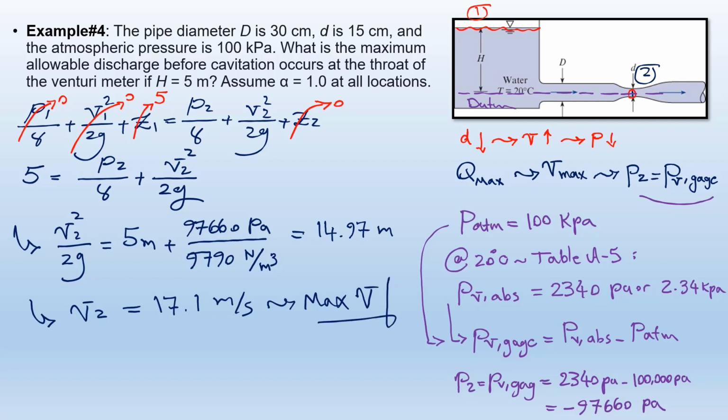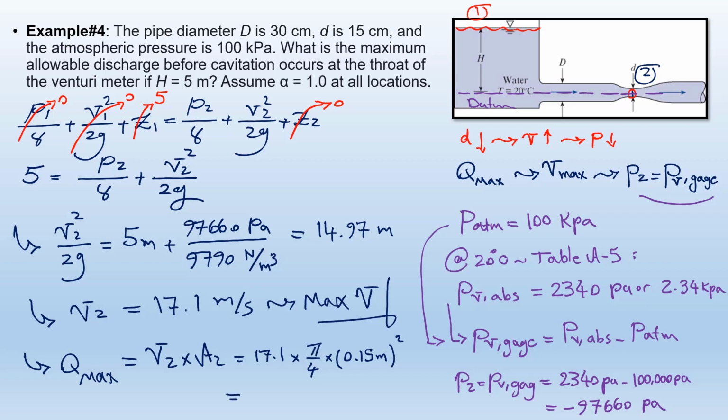Okay, so now in order to find max Q, I just need to calculate velocity at the throat times area of the throat, which is 17.1 times area of the throat, which is pi over 4 times diameter to the power 2.